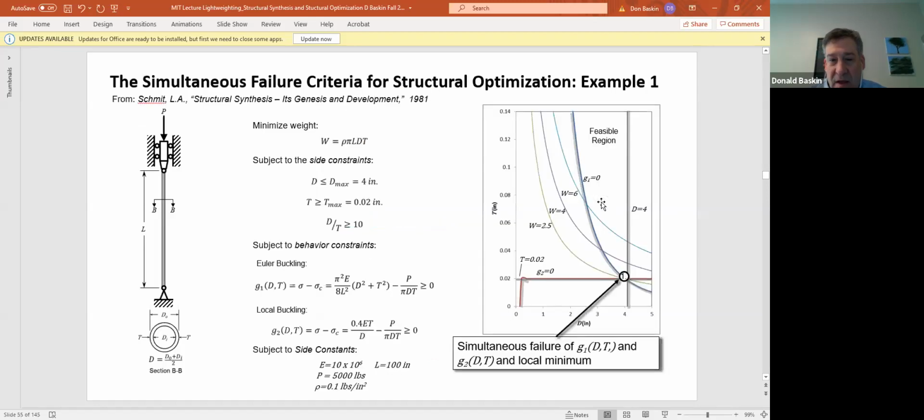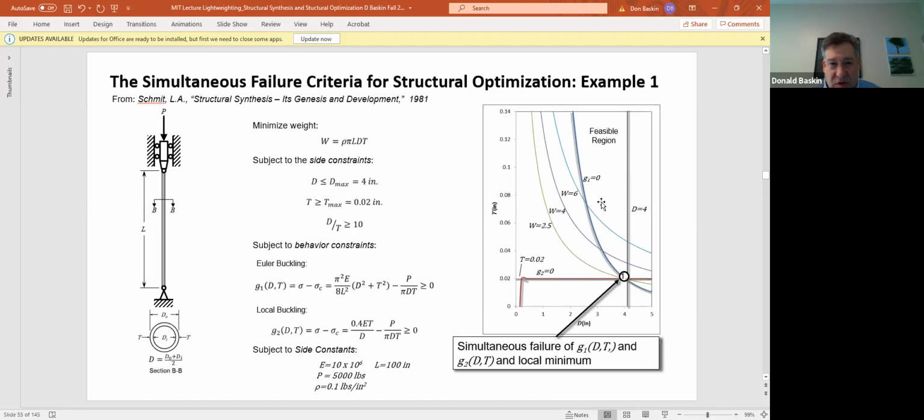Right, so here is an example from one of Lucian Schmit's papers. The paper I read was from 1981, but I think this actual problem was solved like in the 50s. So suppose you have a thin hollow tube, thin wall, T, that's under a compressive load, like you see right here on the left.